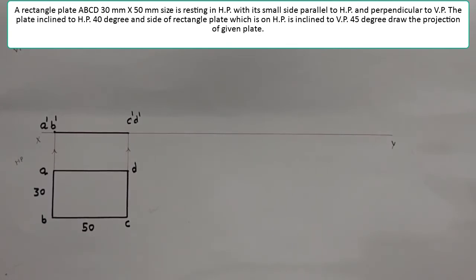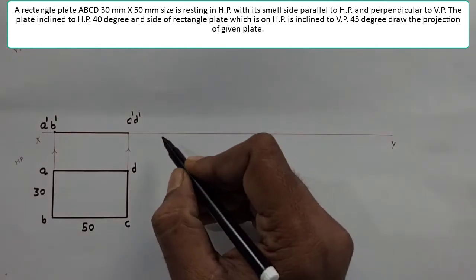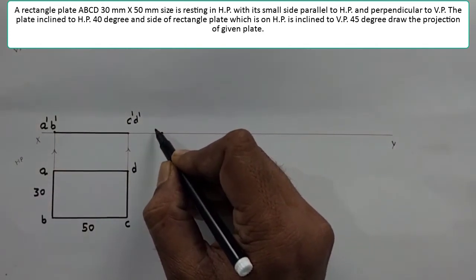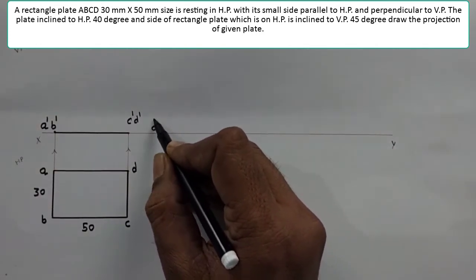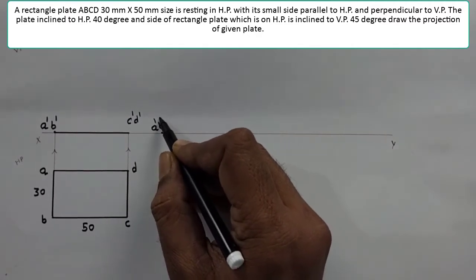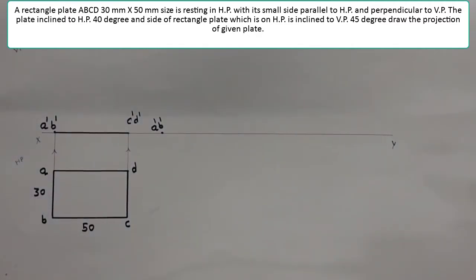So first, I mark a dash, b dash, because we know whenever our plate is inclined to HP, the side AB is on HP plane. So its elevation a dash b dash is on the XY line.